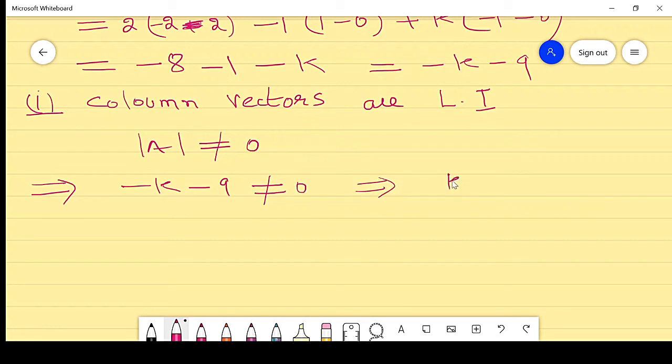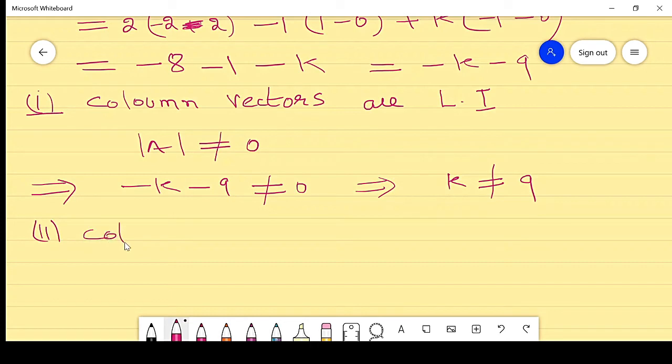So it implies k is not equal to -9. So if it is not equal to 0, so this is -k - 9, then k is not equal to -9.